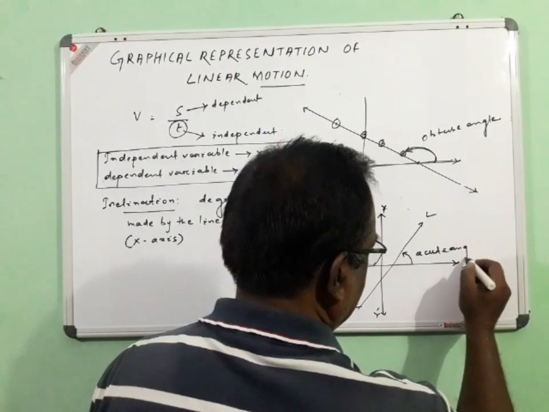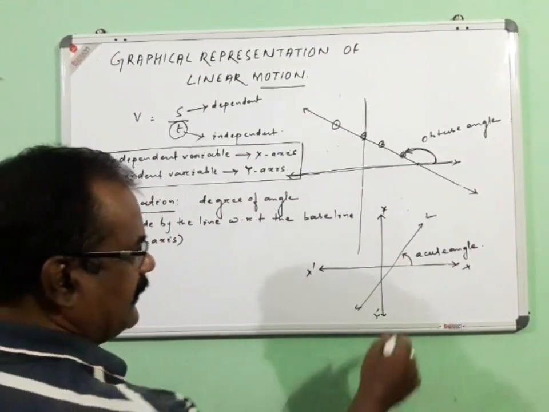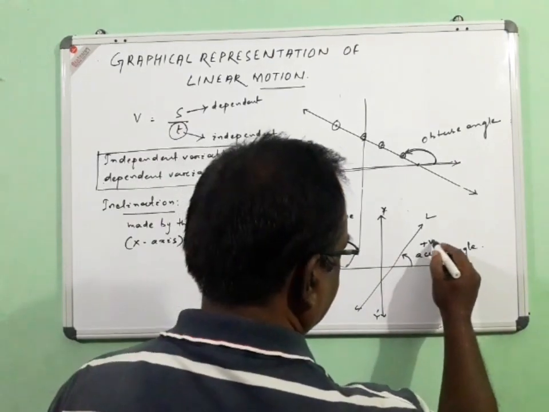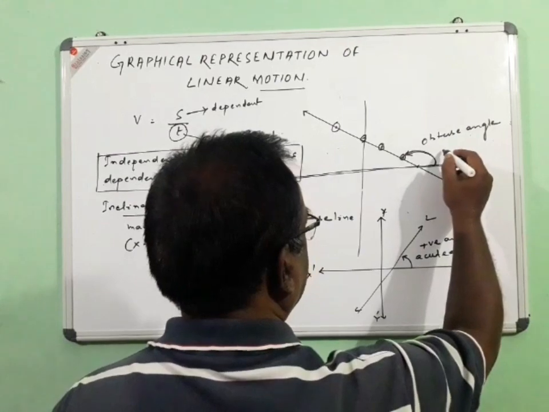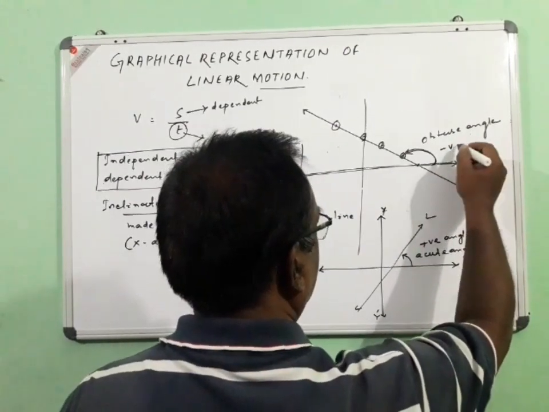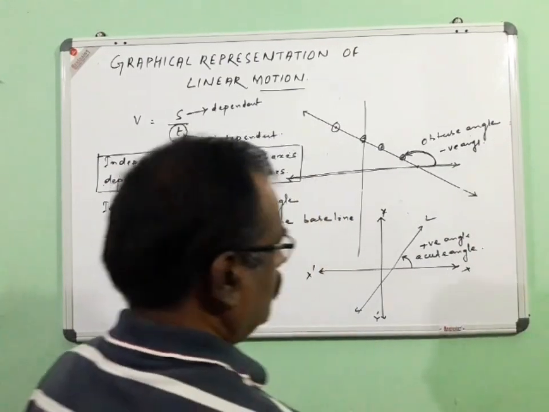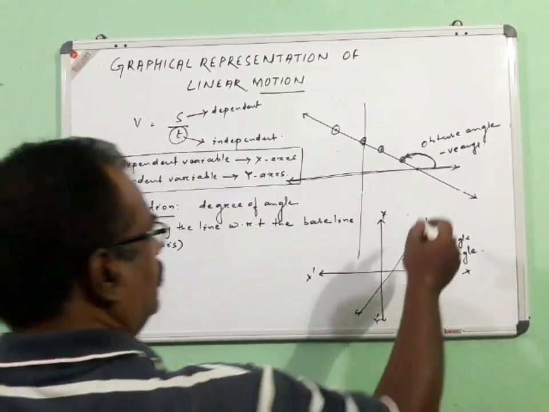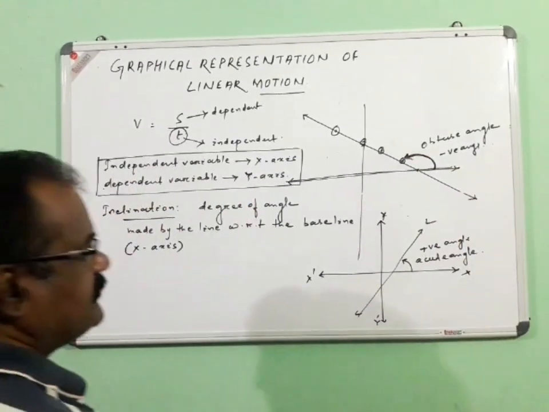Normally, if it makes an acute angle, then we can say that the angle is a positive angle, while if it is an obtuse angle, then that is a negative angle.